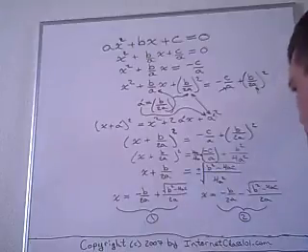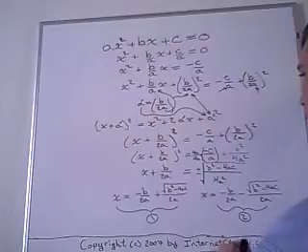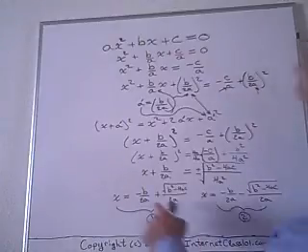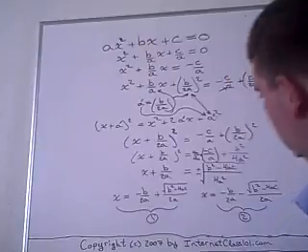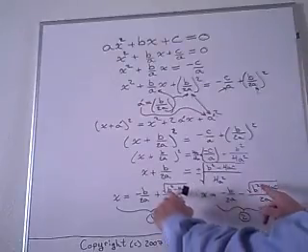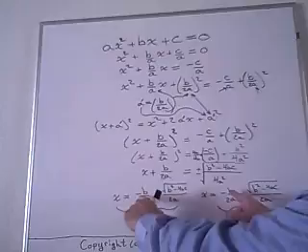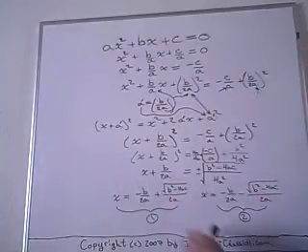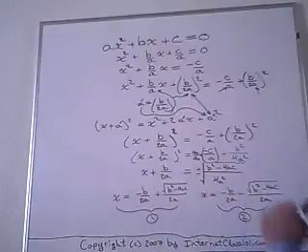Now, people write this in one form, where they put this together. If you notice, this term and this term are identical. This term and this term are identical. The only difference these two roots have is that one has a plus here and one has a minus.